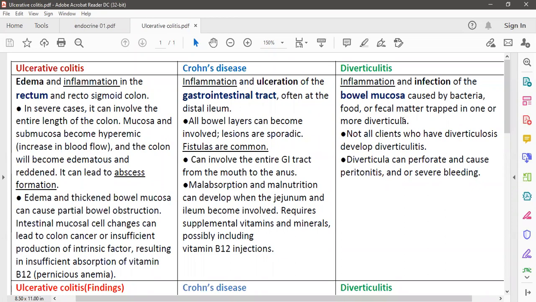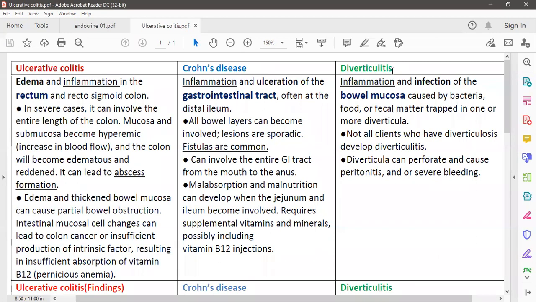Diverticula means extra sac formation in the intestine, and that sac is called a diverticulum. When it is infected by bacteria, food, or fecal material, inflammation occurs, and that is called diverticulitis.